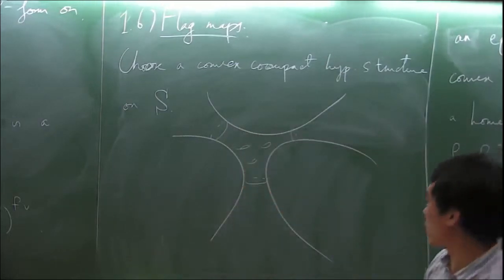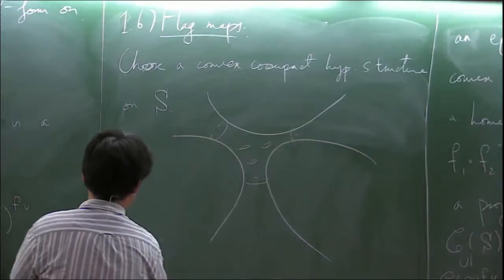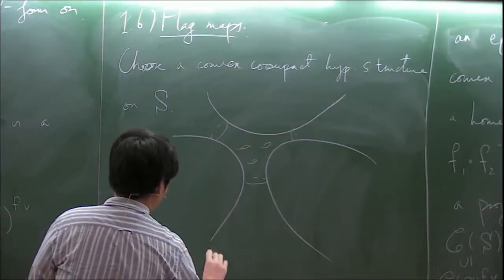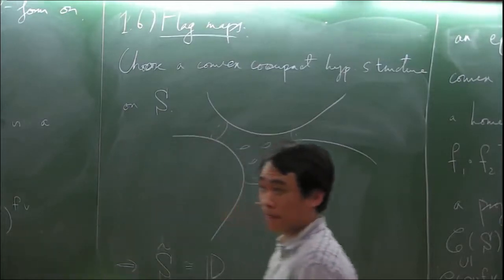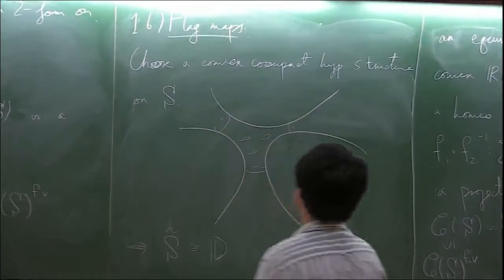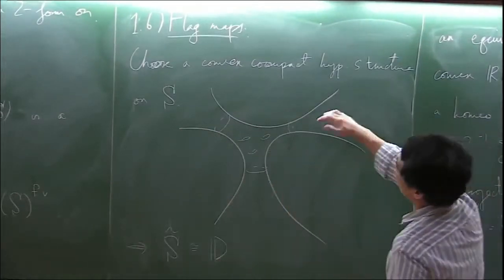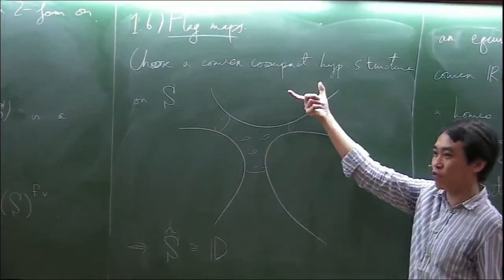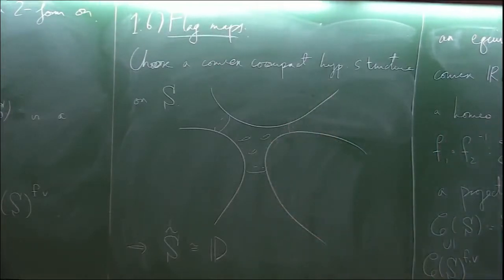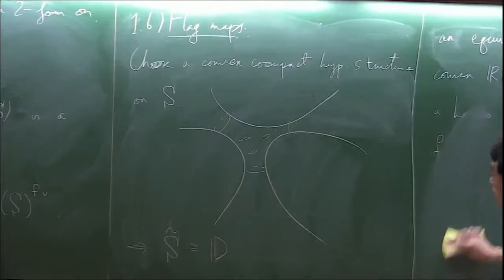This allows you to identify the universal cover of S with the Poincare disk. I should say that you can describe this whole story without choosing a convex co-compact hyperbolic structure, but doing this is shorter and easier to explain, and nothing I'm going to say depends on this choice.